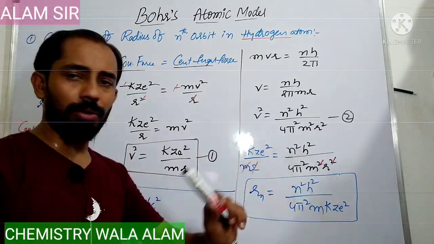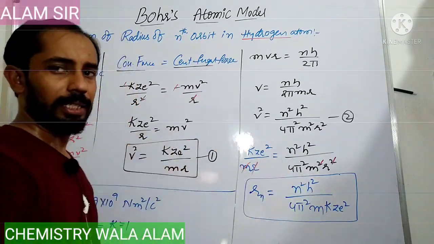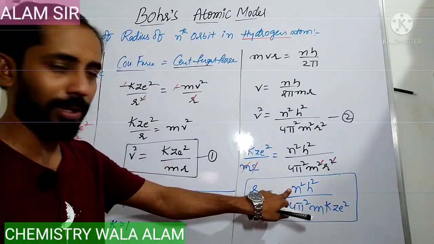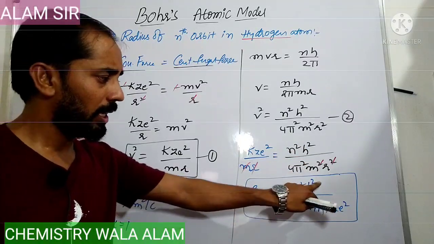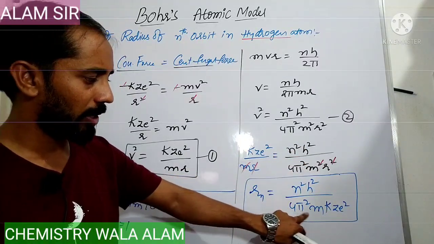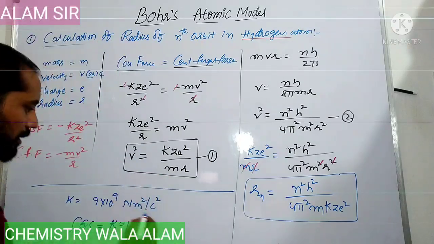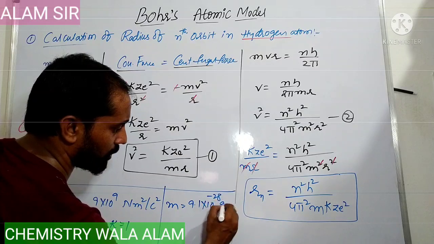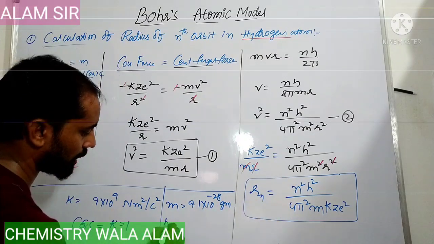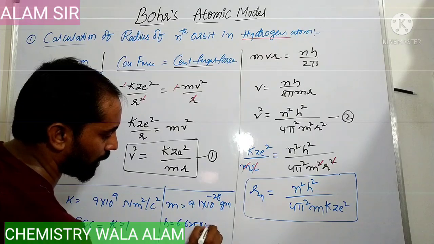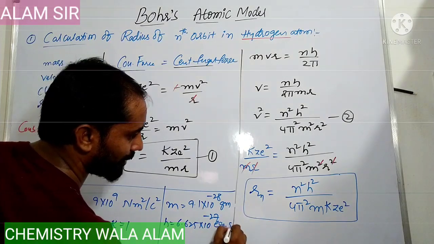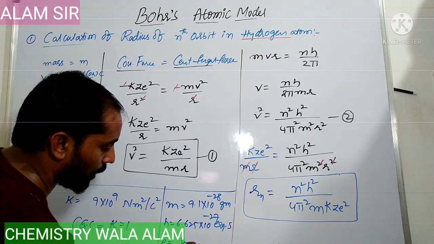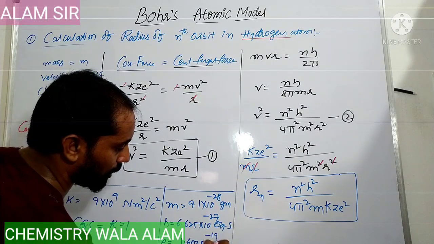So only n² and Z change. For hydrogen, Z is 1, and for the first orbit n² is 1², for the second orbit 2², and so on. The remaining terms: h is the Planck's constant, 4π is a constant, and the mass of the electron is m = 9.1 × 10⁻²⁸ grams. Next, h is the Planck's constant, 6.625 × 10⁻²⁷ erg second. Next, e is the charge, equal to 1.602 × 10⁻¹⁹ coulombs.